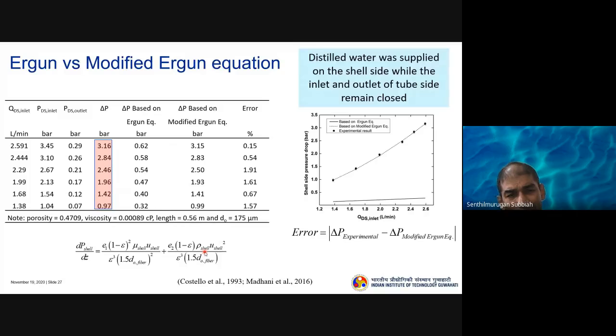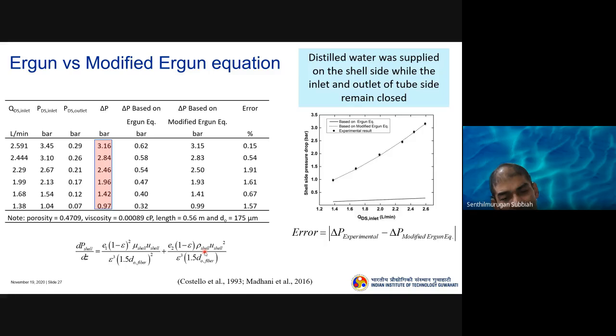So the Ergun equation is one of the equations used for packed bed pressure calculation. But if you look at the system where you are compressing the fiber, you have a porous media.